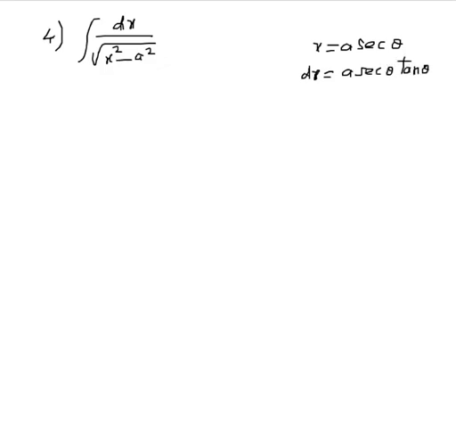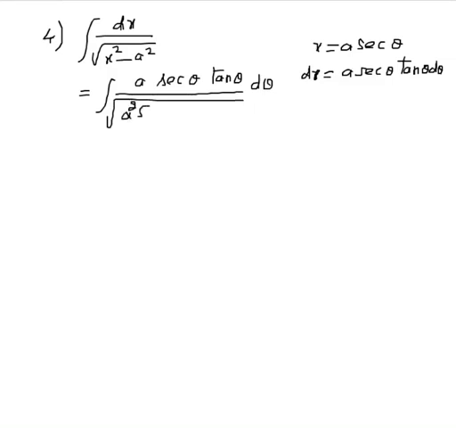Then fourth formula, we have dx divided by root of x square minus a square. Let us substitute x as a secant theta so that identity can be used. Differentiate dx is a secant theta into tan theta d theta. Therefore, the integral becomes a secant theta tan theta d theta divided by, x square is a square secant square theta minus a square.